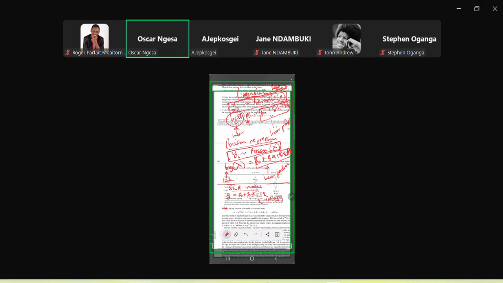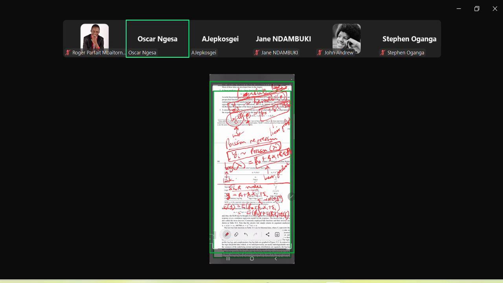We can get the expected value of y from this model by applying expected value through the model. So it will be expected value of beta naught plus beta 1 x1 plus epsilon i, which is equal to expected value of beta naught plus expected value of beta 1 x1 plus expected value of epsilon i.